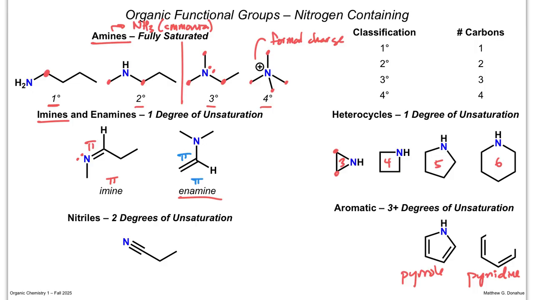So as you're drawing things, always think about lone pairs that are on heteroatoms. What orbitals are the lone pair of electrons in? Just like you can classify carbon hybridization, you can also do that for heteroatoms. Any questions? Again, pay attention to the names: amine, imine, enamine, nitrile, heterocycles, aromatics.